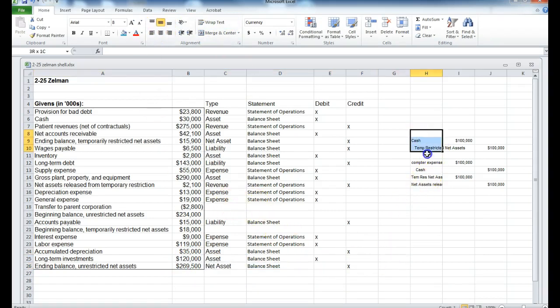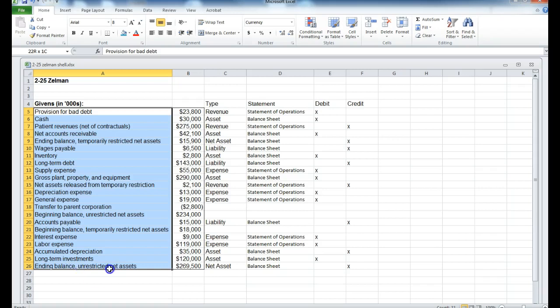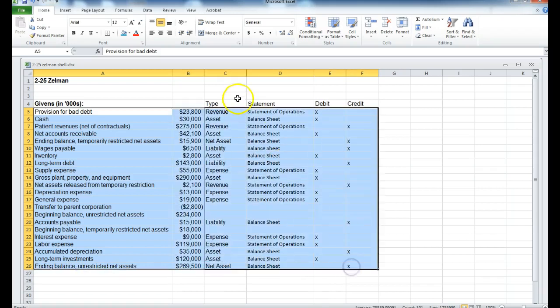Okay, so next what we're going to do from here is we need to do our balance sheet and our income statement. In order to do that, I think it's easiest to sort these, which is why I went through this exercise and put in the type and the statement.